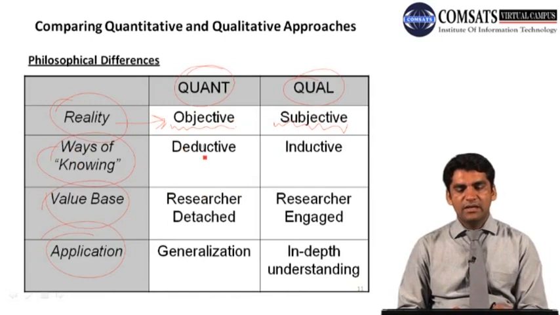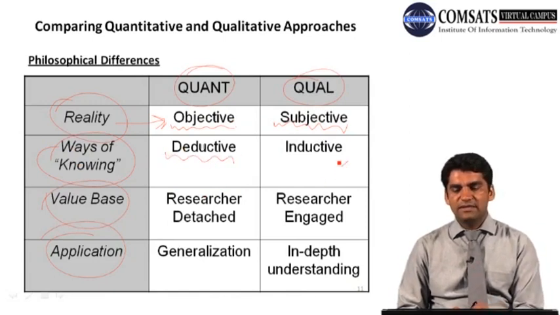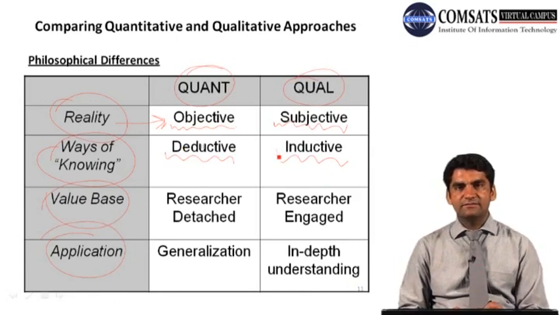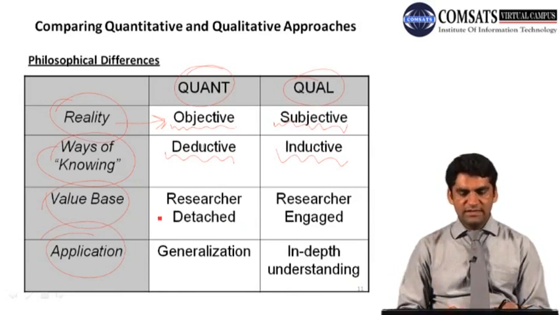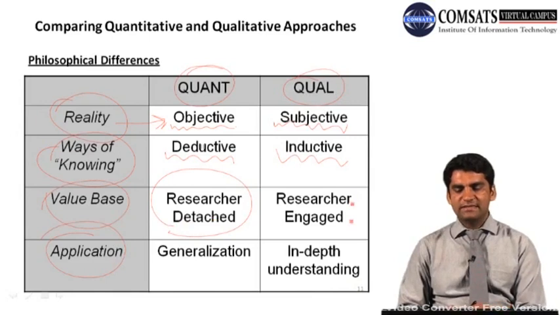Ways of knowing: in quantitative it is deductive, while in qualitative it is inductive. And deductive and inductive we have also discussed, I think, in two or three lectures at various length. Value base: in quantitative the researcher is detached, while in qualitative the researcher is engaged.